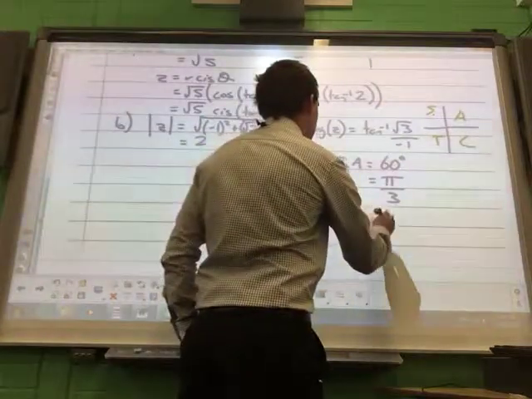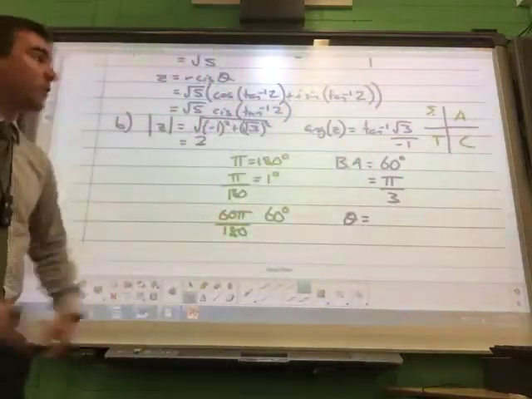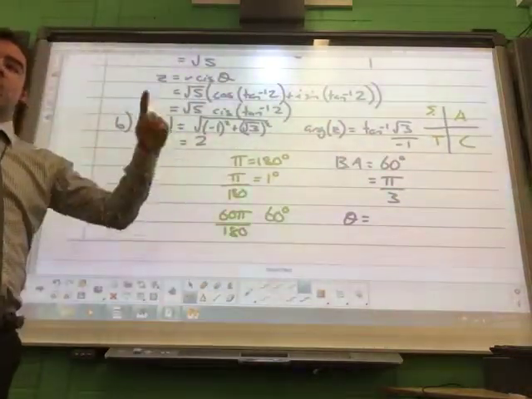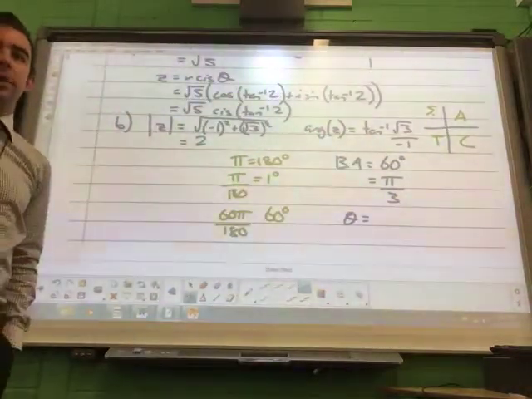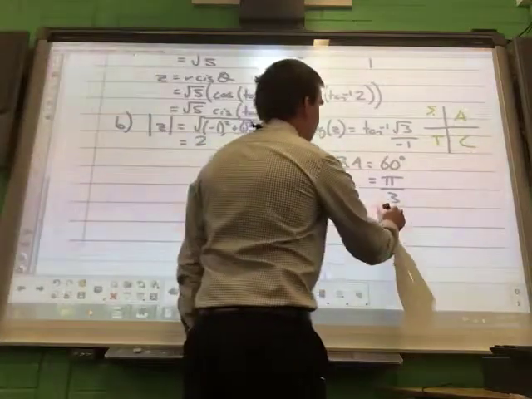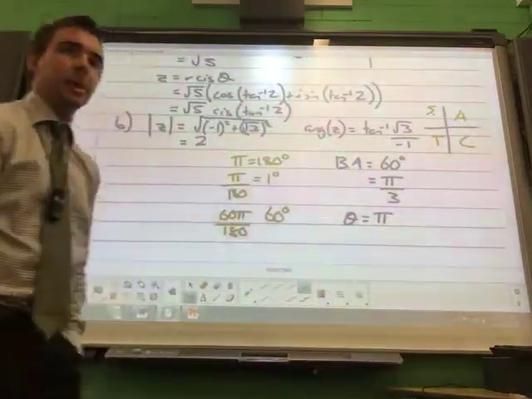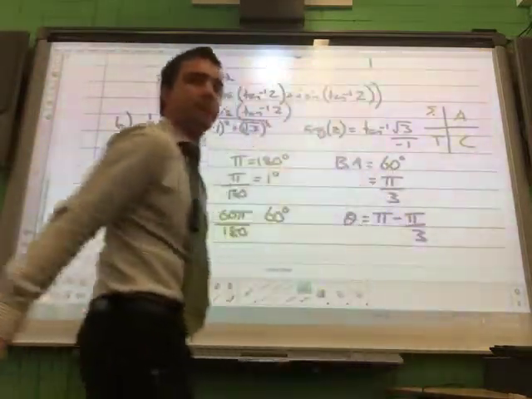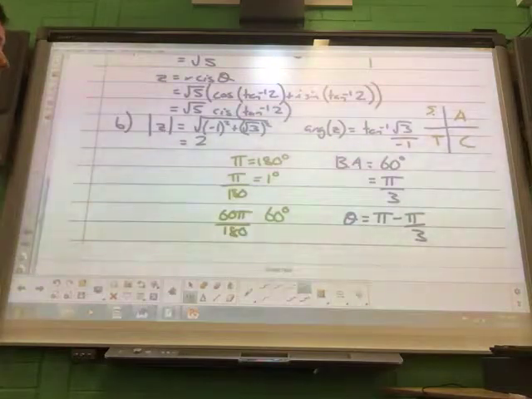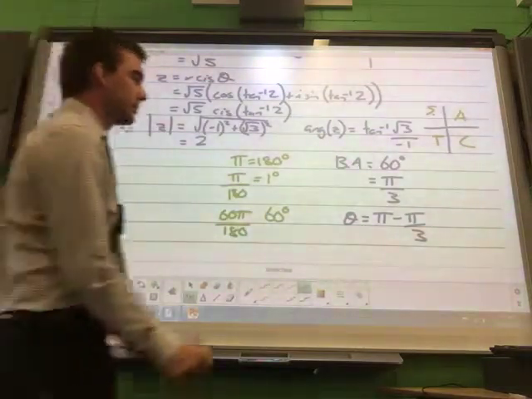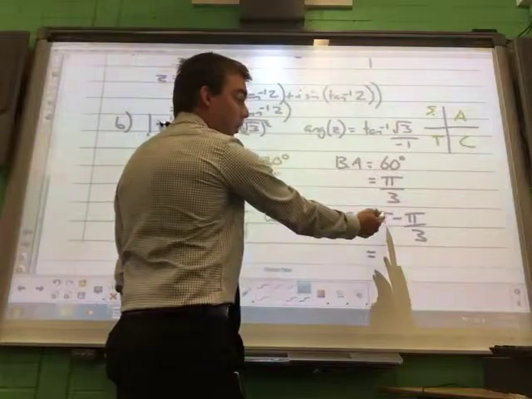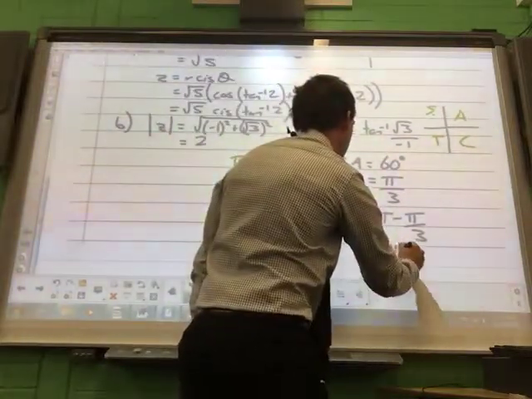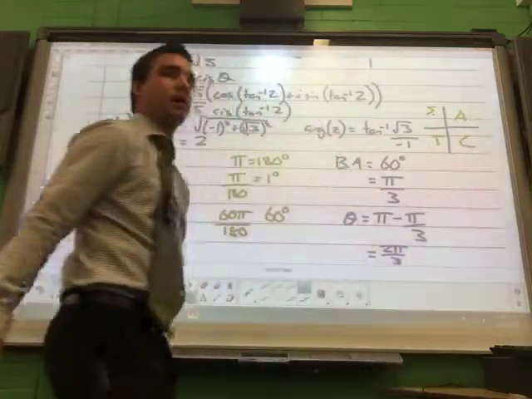So theta, when we're finding an angle in the second quadrant, is going to be 180 degrees take away the basic angle. So 180 degrees is pi in radian measure, take away pi over 3, which is the basic angle. We treat pi as a variable, so it'll be 3 pi on 3, take away pi on 3, which is 2 pi on 3.